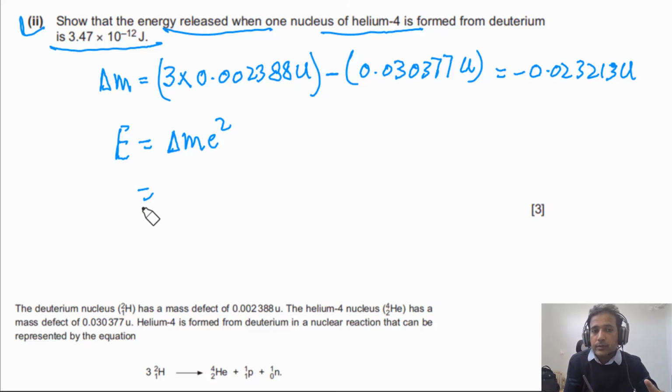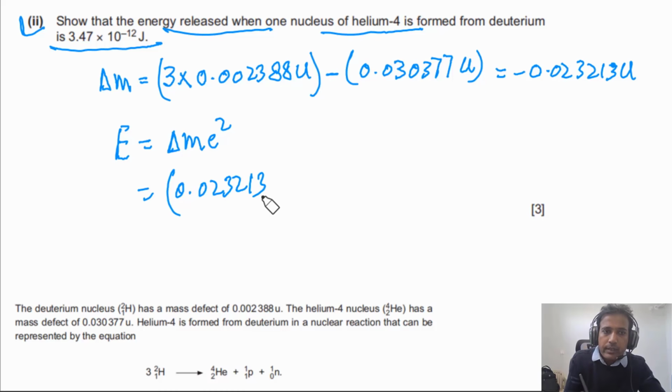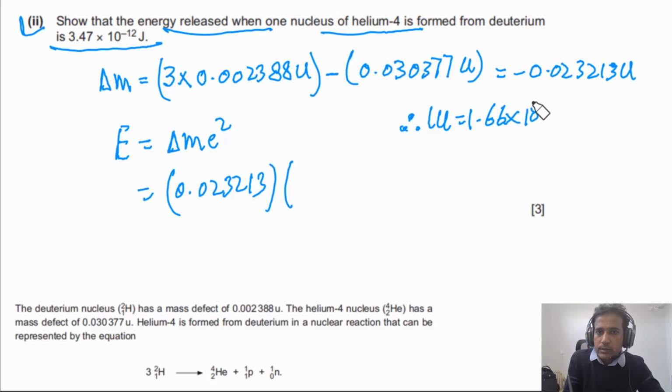But delta M has to be in kgs. So we can simply write 0.023213 times 1 U. We need to understand 1 U: the atomic mass unit is equal to 1.66 times 10 to the minus 27 kgs.